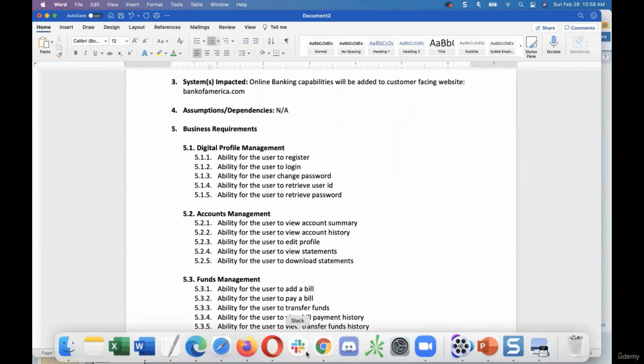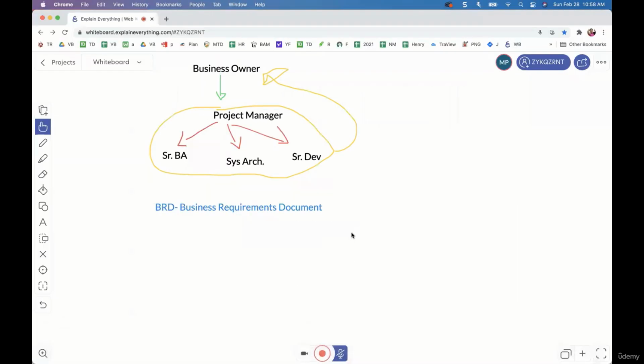All right, so going back to where we were, I hope this rings a bell. I'm going to talk about it again just so you refresh this. I was explaining how a project begins. The first thing is the business owner comes up with an idea of an IT project. Business owner hires a project manager. Project manager hires a senior BA, a system architect, a senior developer.